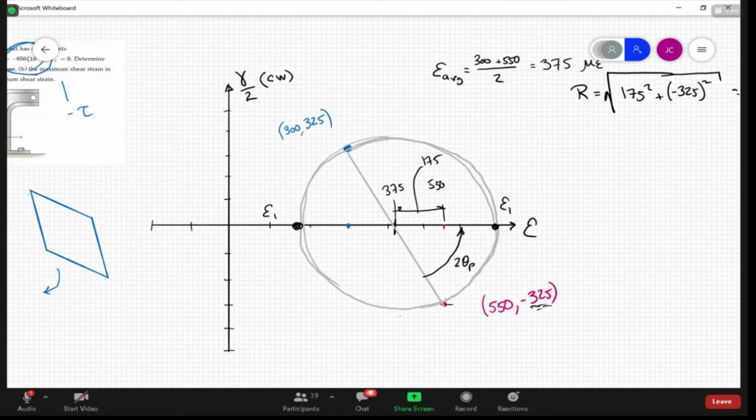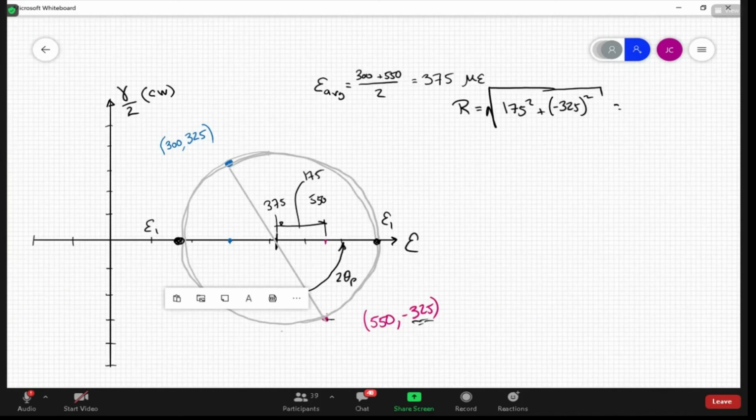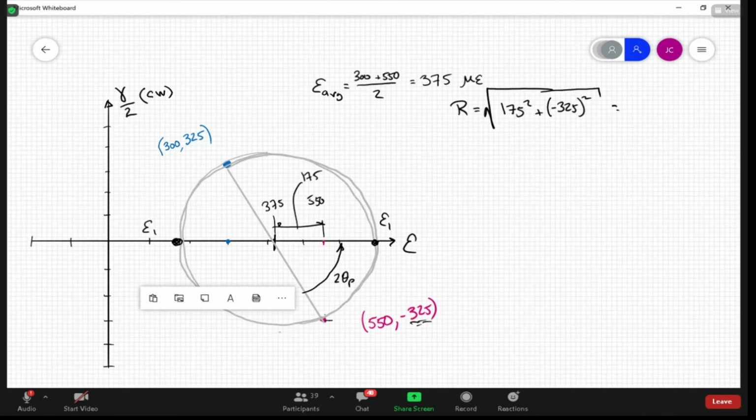All right, so radius, 175 squared plus 325 squared. That gives me a radius of 369 microstrains. Okay, fine. So that means that, oops, I'll call these both epsilon 1.